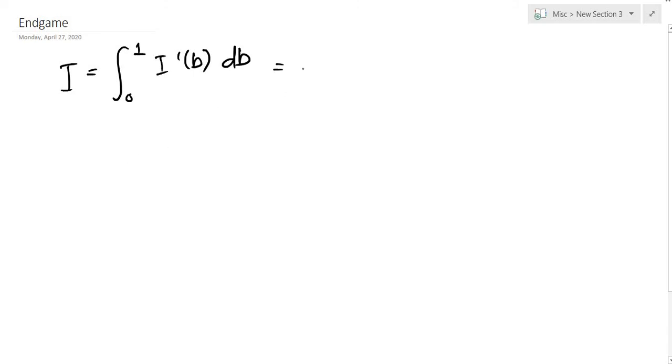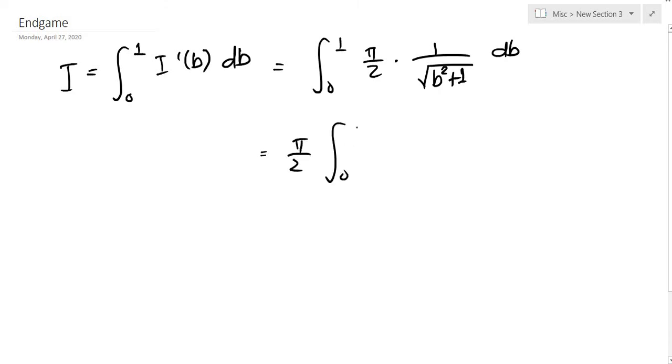So we can definitely do this. I prime of b is pi over 2 times 1 over square root of b squared plus 1 db. Pi over 2 is a constant. We have the integral from 0 to 1 of 1 over square root of b squared plus 1 db.